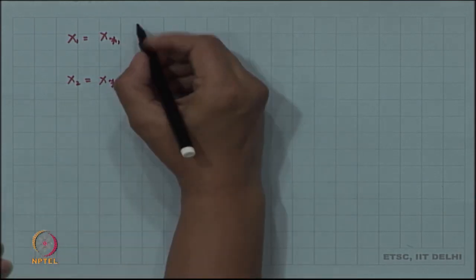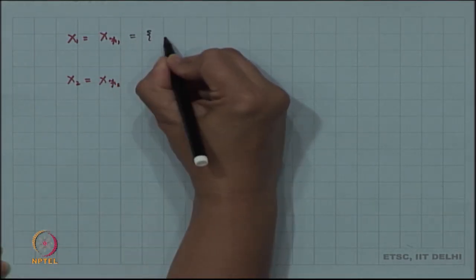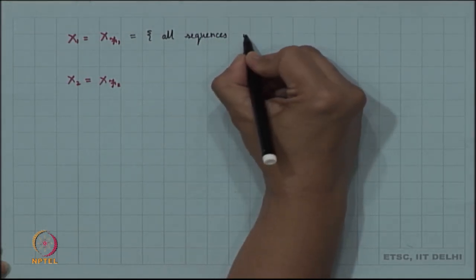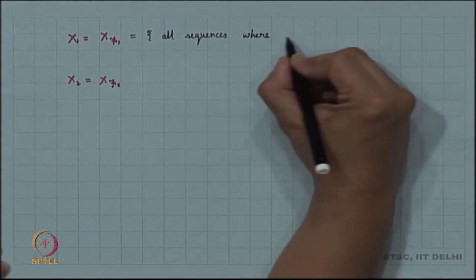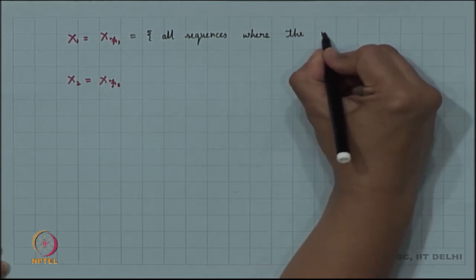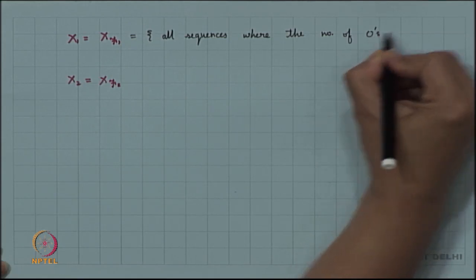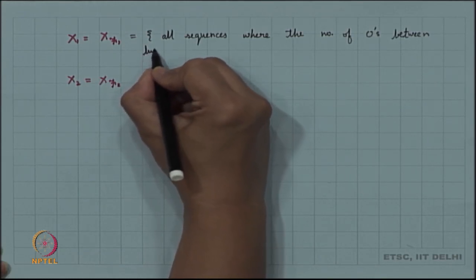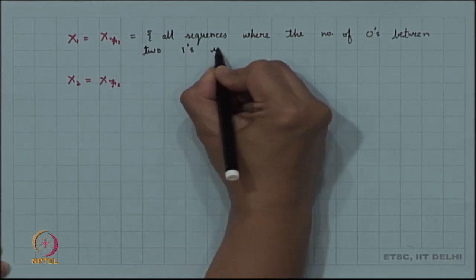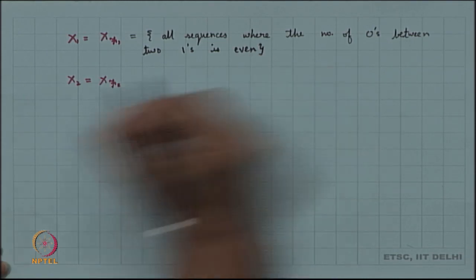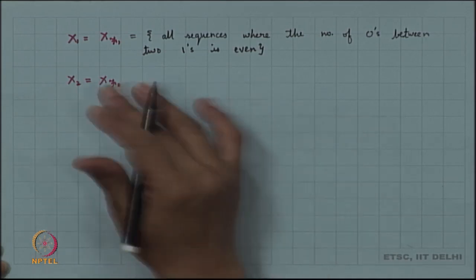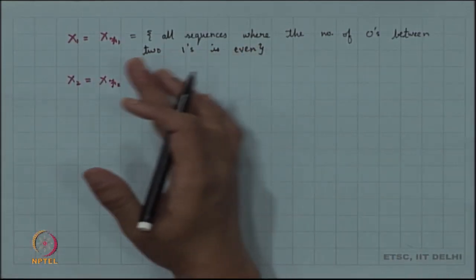I can characterize this as basically all sequences where the number of zeros between two ones is even, and we now have known the language.